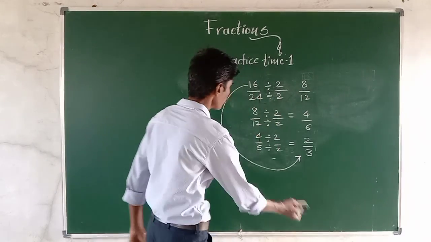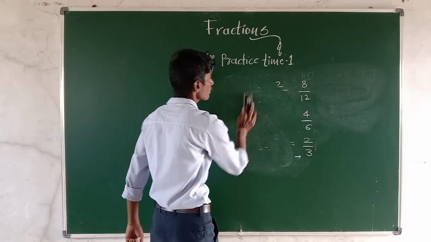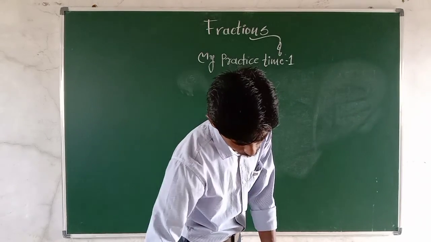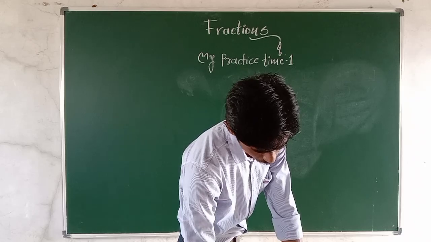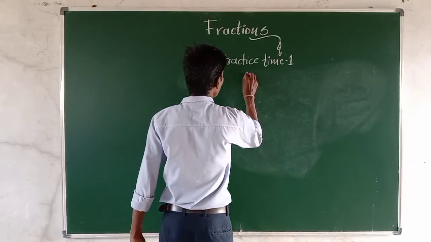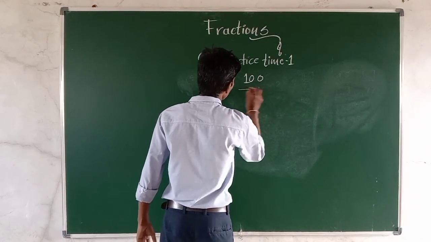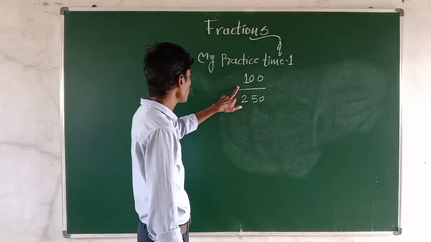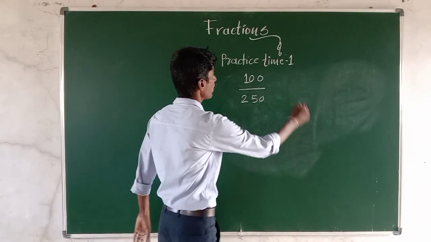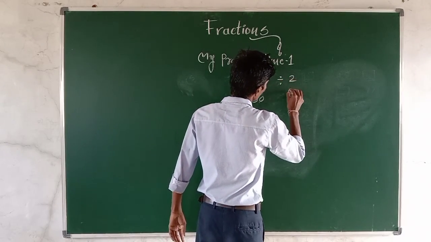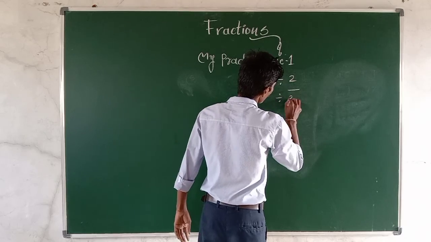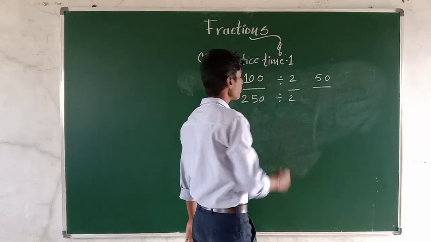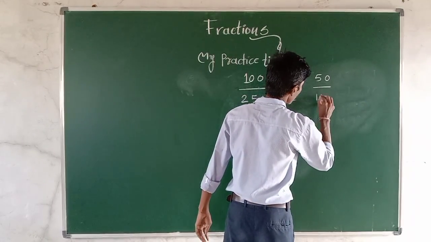We will take another example: 100 by 250. Now there is a 0, so we can divide by 2. 100 divided by 2 is 50, and 250 divided by 2 is 125.